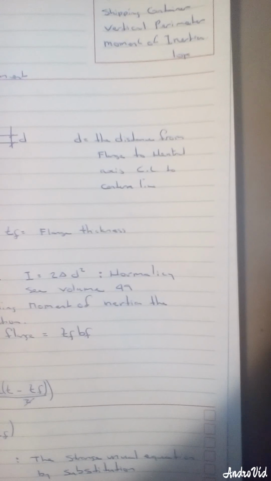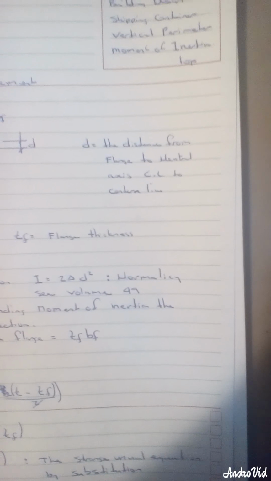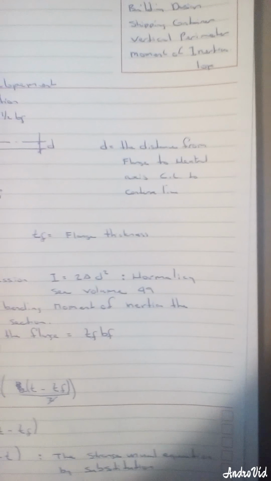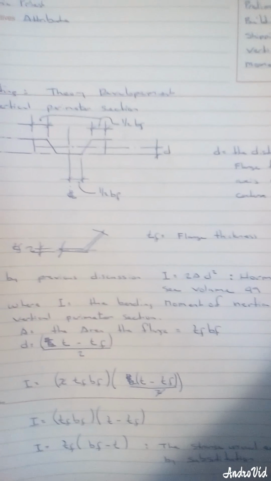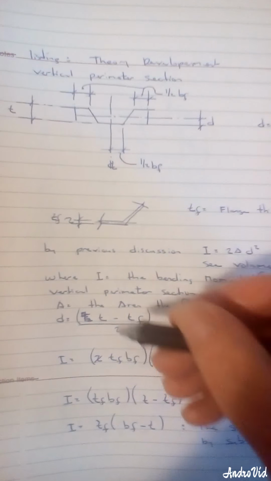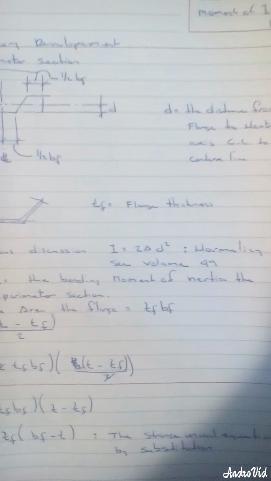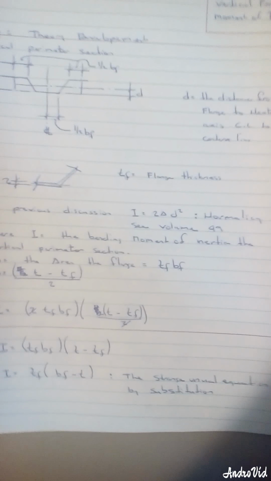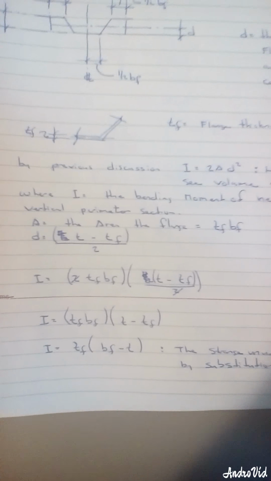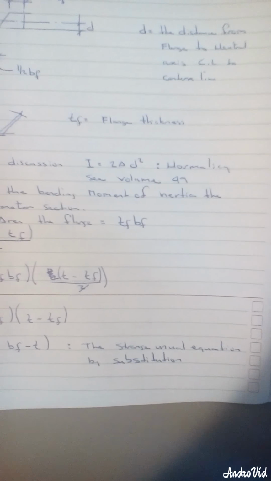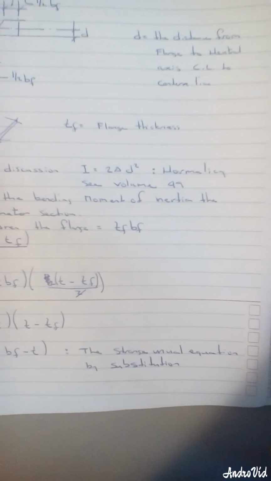And so d is the distance from flange to neutral axis, that's the center line to the center line. And then the flange has a particular thickness, t sub f, and t sub f is the flange thickness.